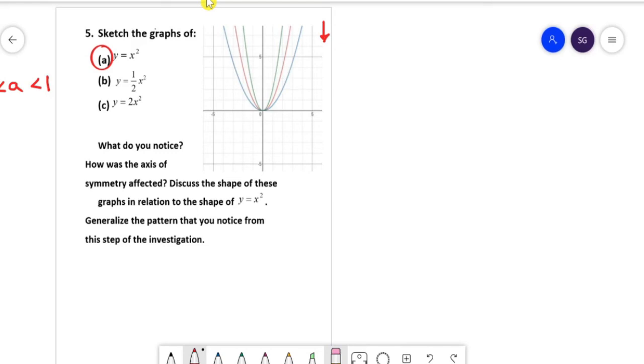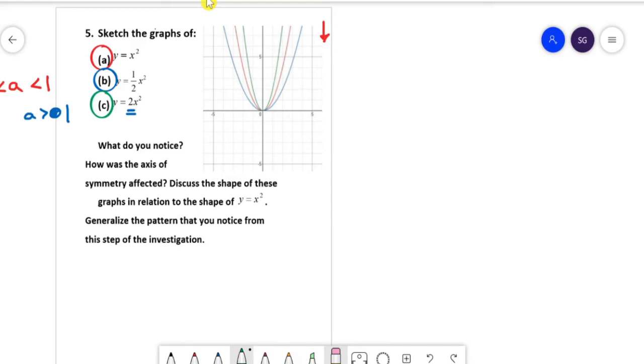So the blue one here is the graph of y equals half x squared. Similarly, if you're multiplying the output by a number greater than 1, then that number speeds up the behavior of the graph. It's quicker to fall and quicker to rise, and that clearly means the graph of y equals 2x squared is the green graph here.